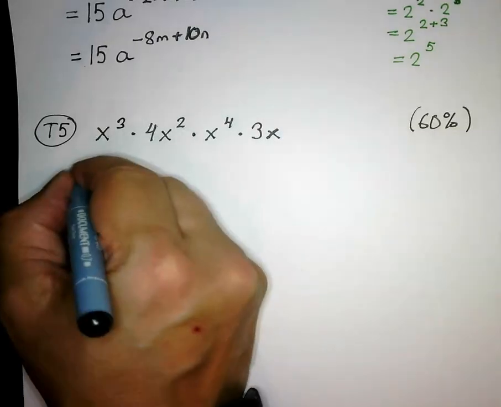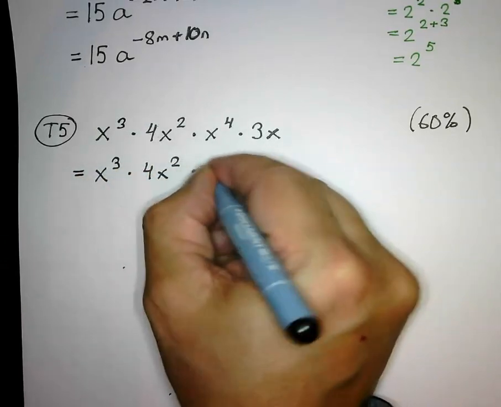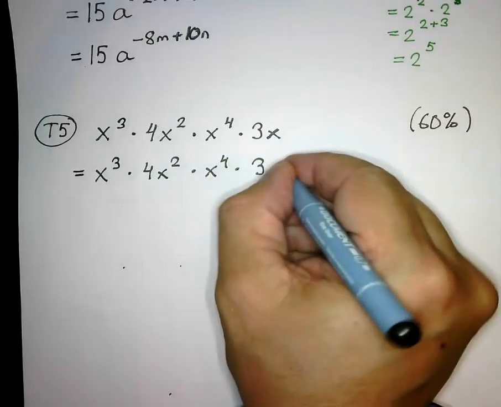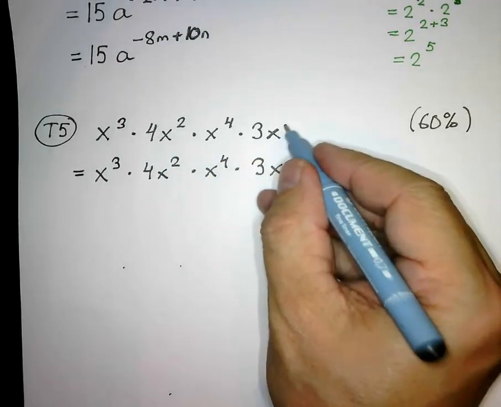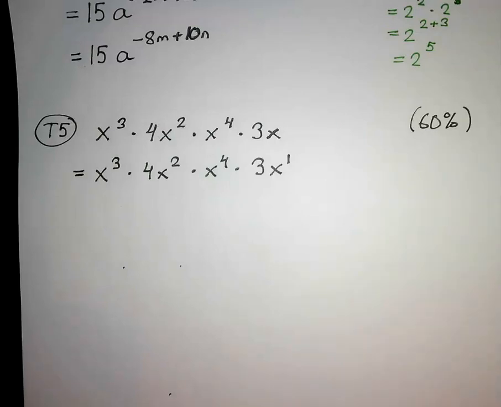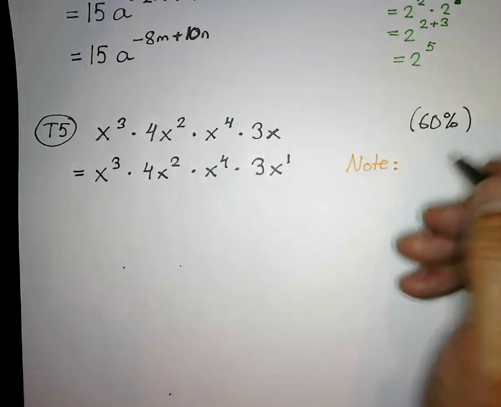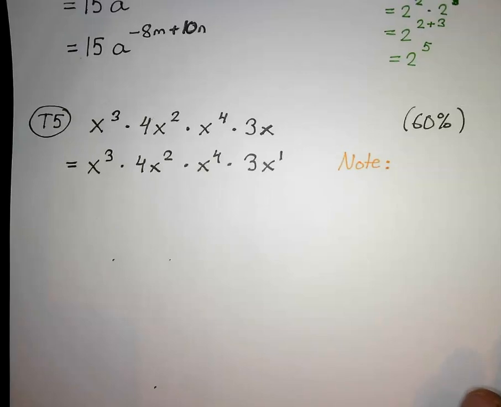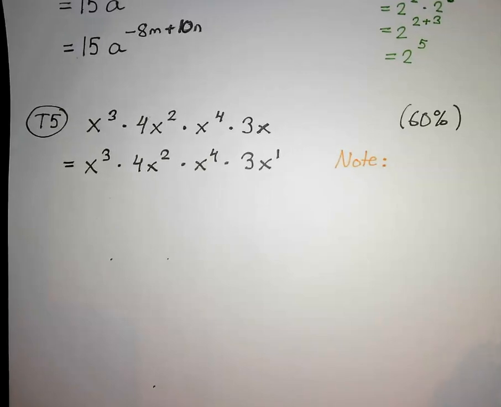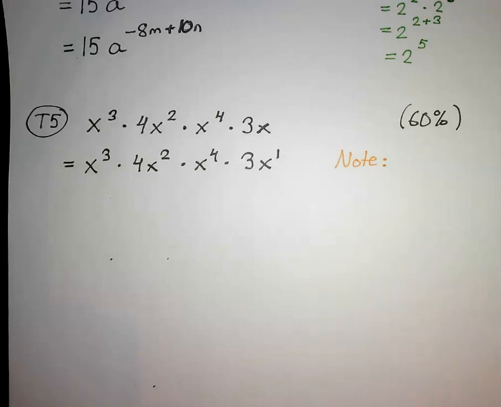So I will write this again, the same expression, but I will add the exponent to the last part. So here you don't see the exponent, but I will write 1 as the exponent. This is actually the reason why I added this problem to the test, because this is quite a usual mistake which students may make, and I also make it.